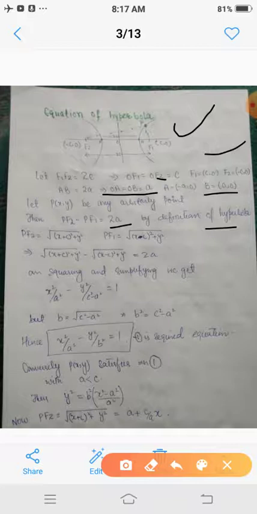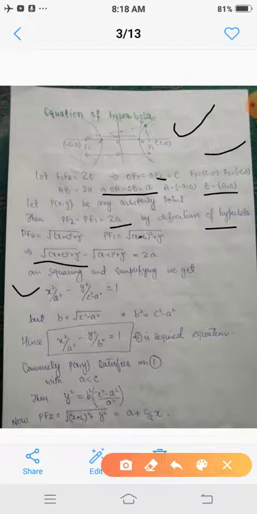Now substituting in this equation, PF2 minus PF1 equals 2a, which implies that under root of (x plus c) whole square plus y square minus under root of (x minus c) whole square plus y square equals 2a. On squaring and simplifying this equation, we simply get x square upon a square minus y square upon (c square minus a square) equals 1. You know that a is the distance of one of the vertices from the origin, and c is the distance of one of the foci from the origin.